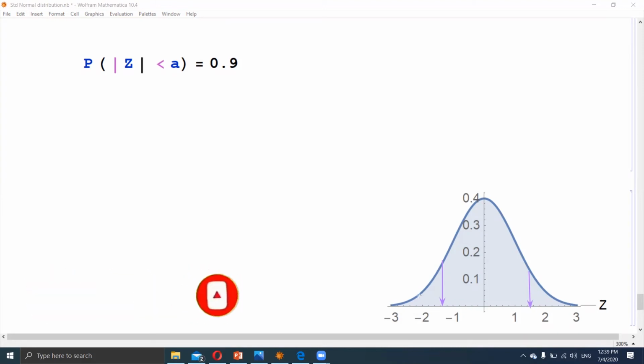And we know that from minus infinity to plus infinity the total area is 1.